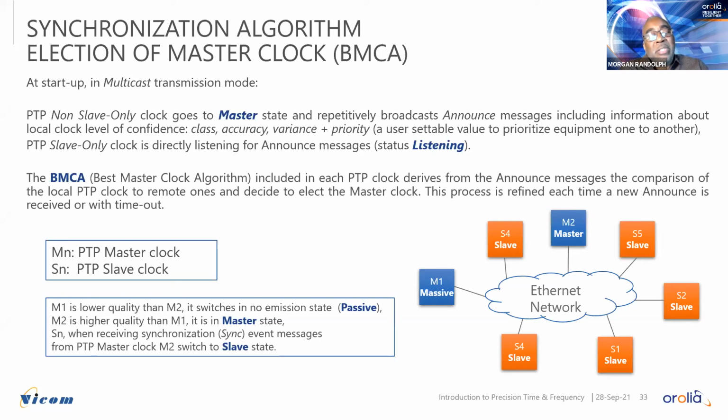The slave, when receiving synchronization sync event messages from the PTP master clock M2, switches to slave state. So that master will switch to a slave state while it's receiving the information from the grandmaster, but it's still waiting via the algorithm to be the master should something happen to that grandmaster that's on the network.